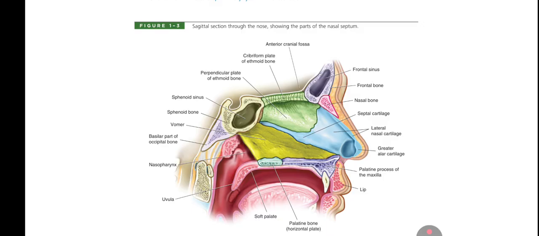So it's all ethmoid bone there, and sphenoid, but it's too far.